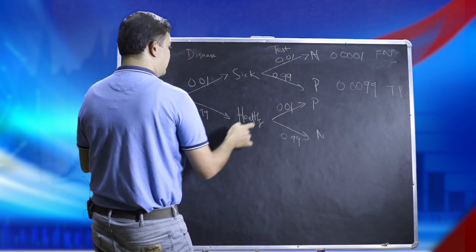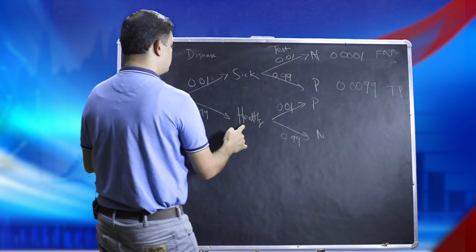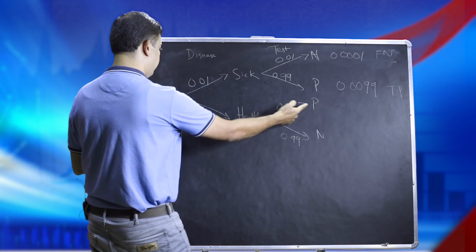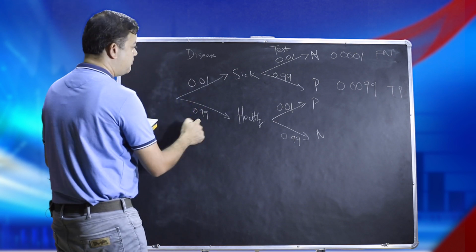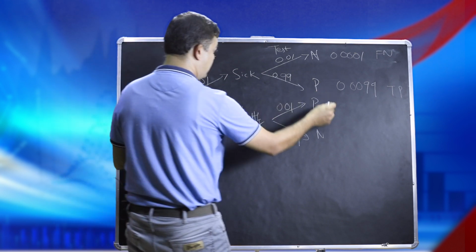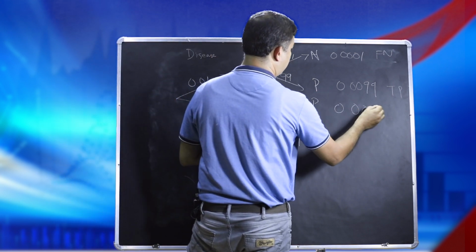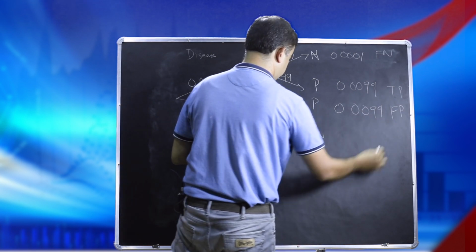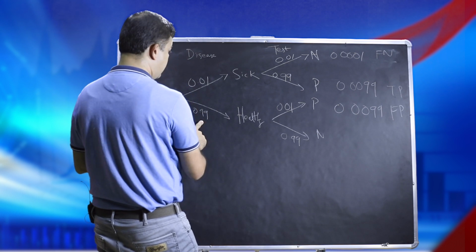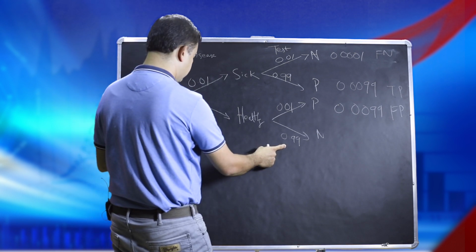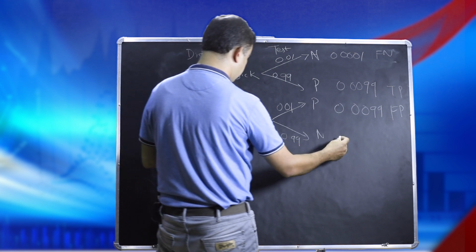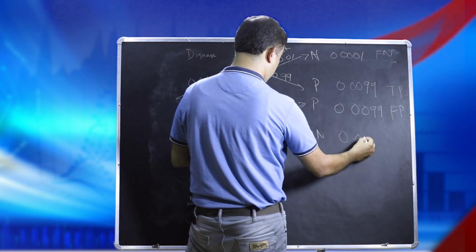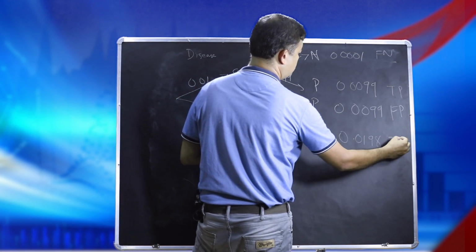Now this is where the test says positive, but they are actually healthy. So it is basically false positive. 0.99 multiplied by 0.01 is basically the same value, 0.0099. That is nothing but false positive. Now finally 0.99 multiplied by 0.99 is basically the true negative. True negative is nothing but 0.98.